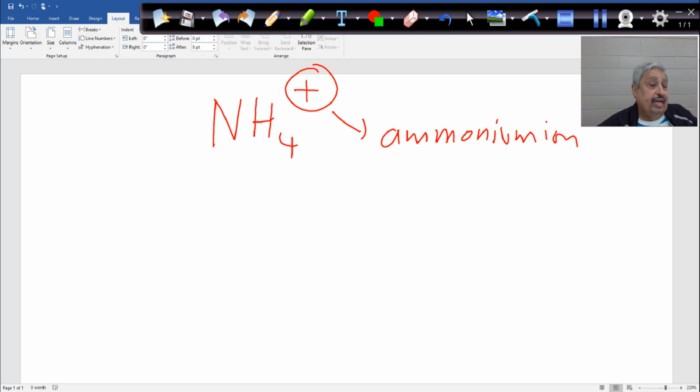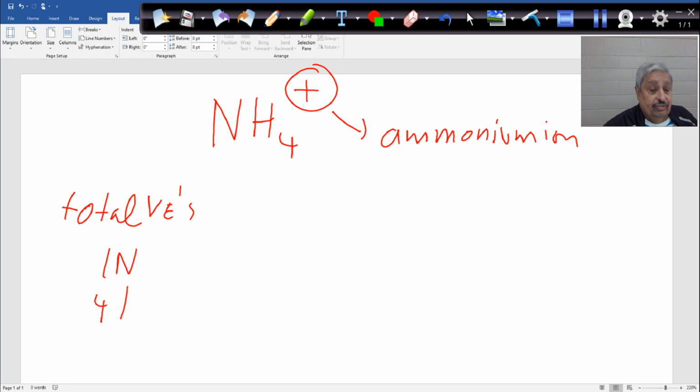Ammonium had lost 1 electron. So how much total VEs are we dealing with? 1 nitrogen and 4 hydrogen, correct? What's the VEs of nitrogen? 1 multiplied by 5.